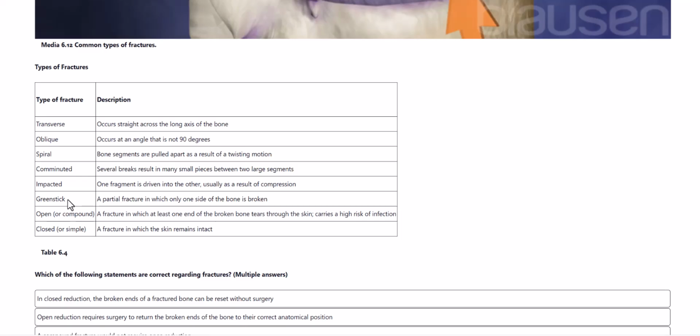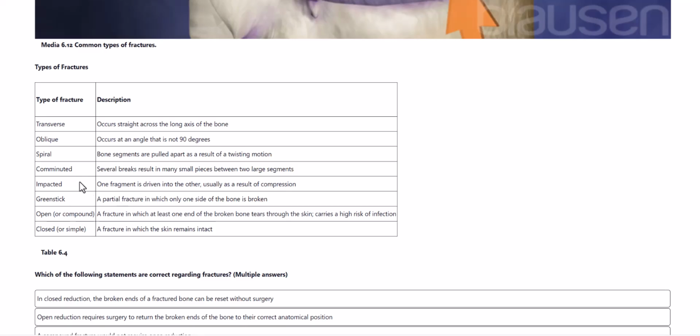But if you pick up a green twig and you try to snap it, it won't snap in half. It'll bend, it might break a little bit, but it is not going to snap. And so think of a green stick as literally a green twig that when you go to bend it, it doesn't snap, but it just fragments on one portion or another.